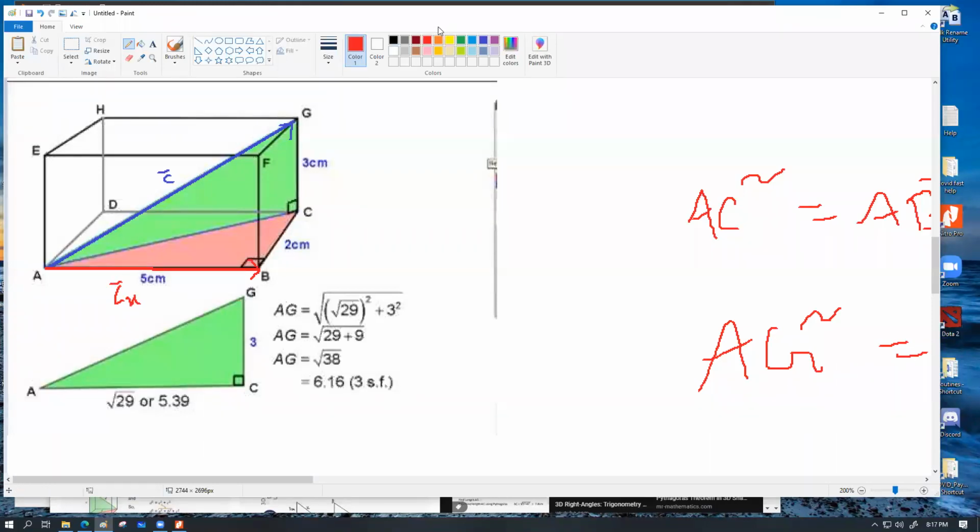Let me label this part with brown. This part is, let's say, CY. And let's say this vertical part is CZ.